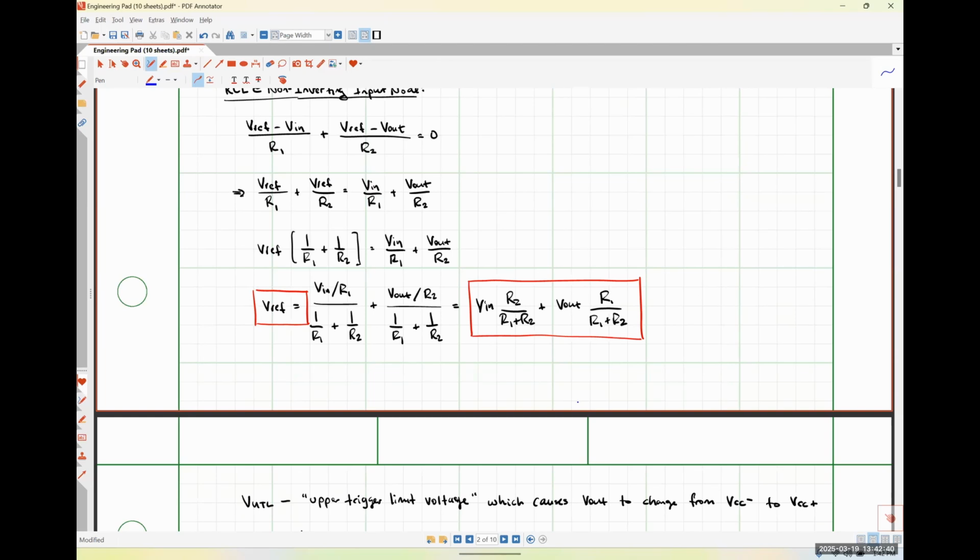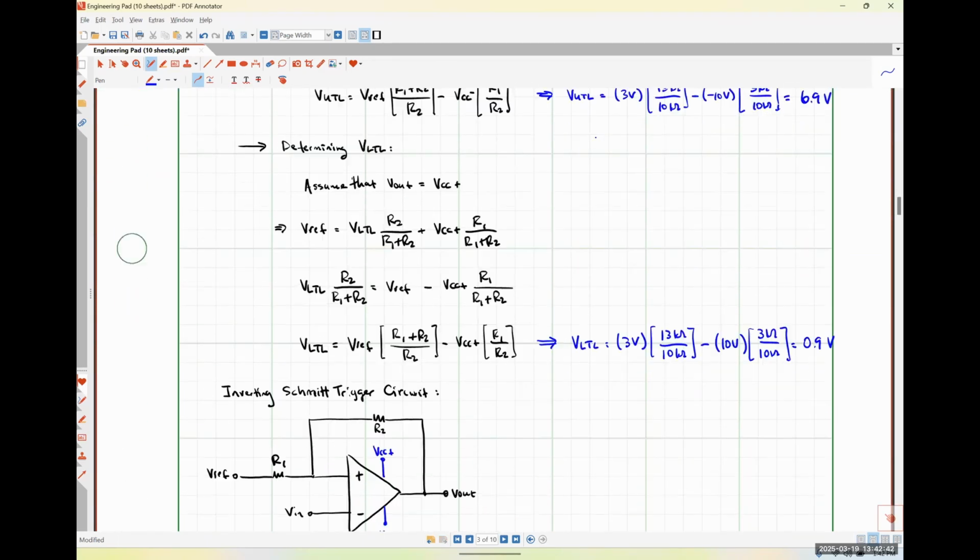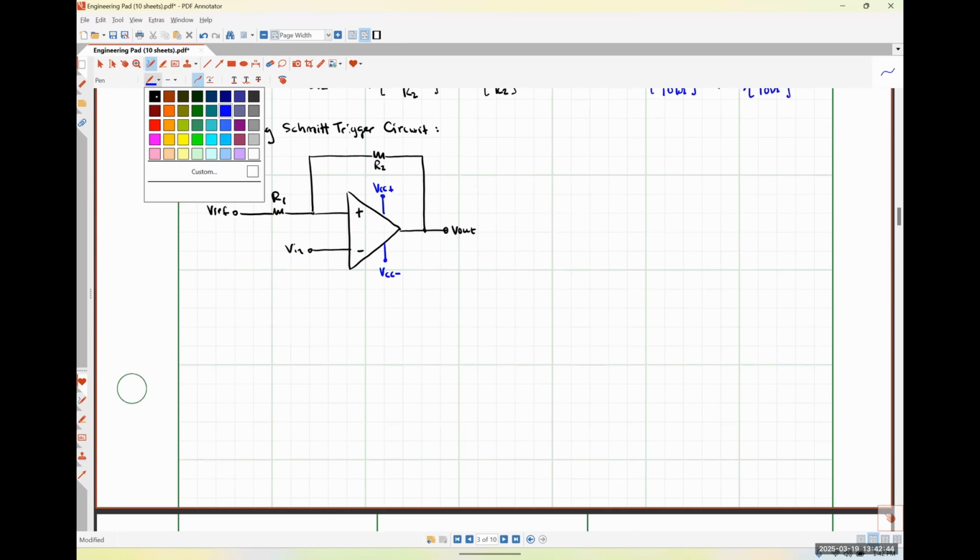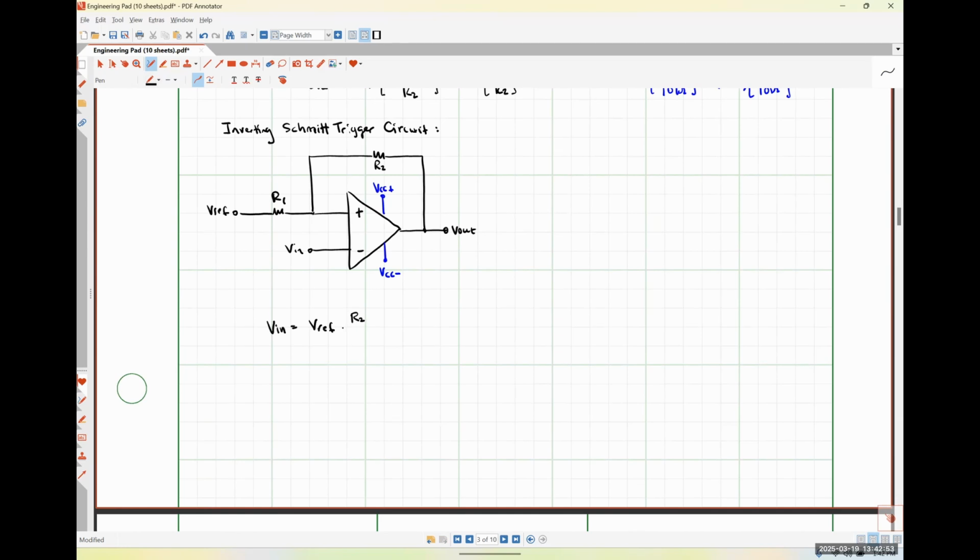So what we will have for our characteristic equation is actually just Vn equal to Vref times R2 over R1 plus R2, plus Vout multiplied by R1 over R1 plus R2.